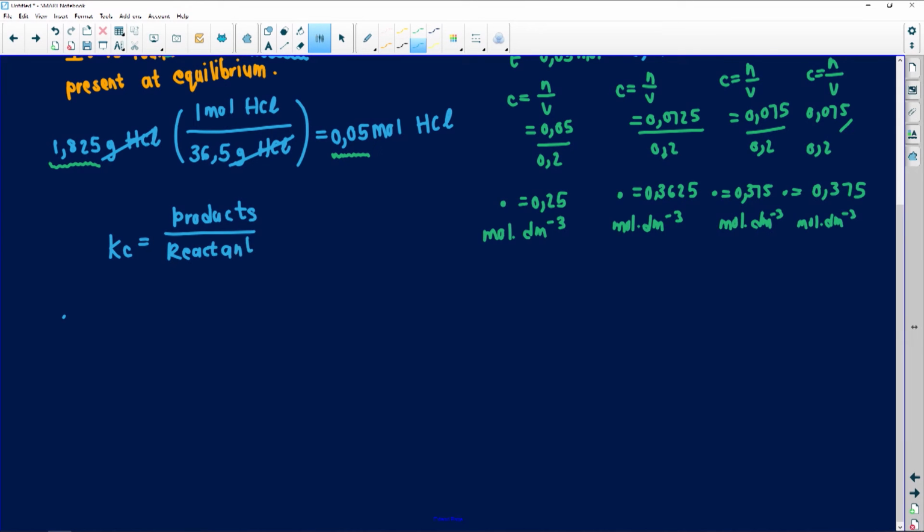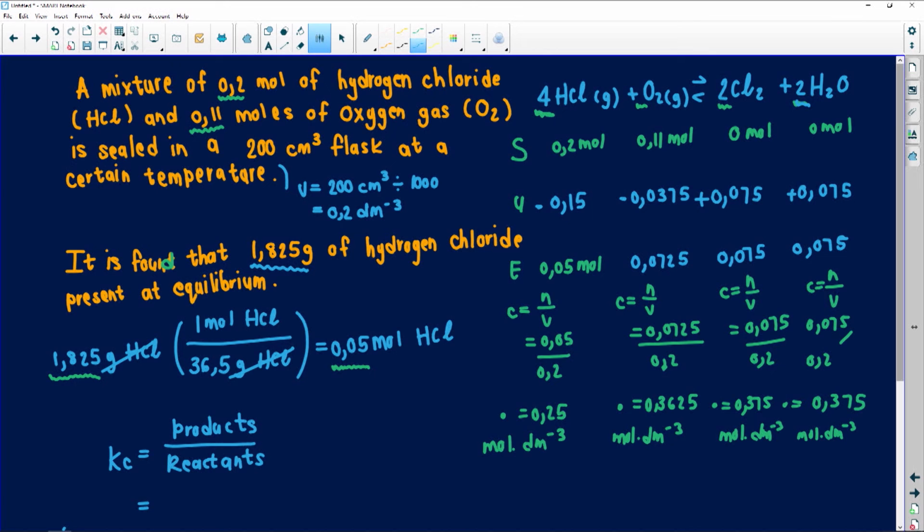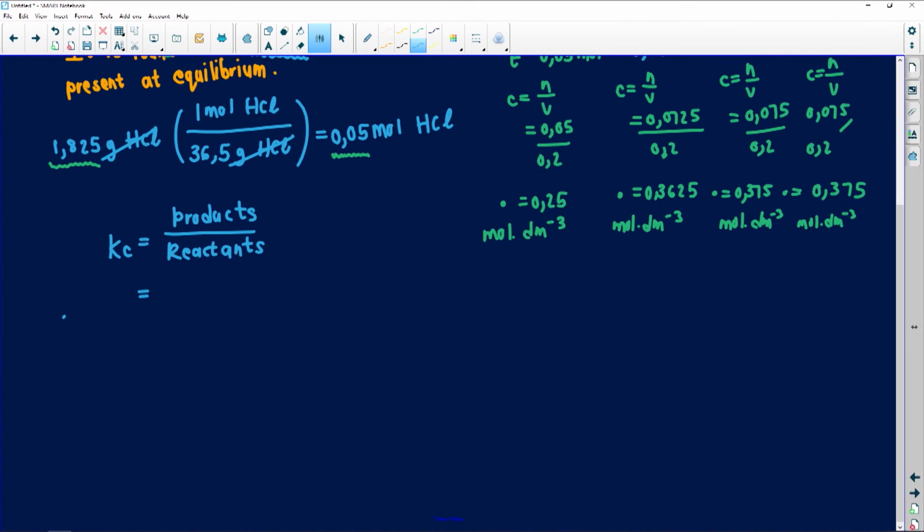Products are on your right-hand side. Reactants are on your left-hand side. If we have any liquids or any solids, we don't include them. So all of this is gases. Any solids, any liquids, we don't include them. They're inconsistent. We only do gases and aqueous solutions.